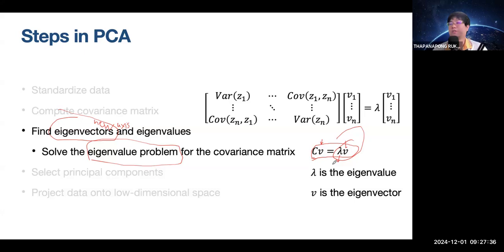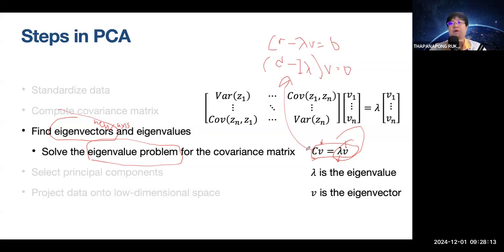I'm not going to go into detail on how to solve the eigenvalue problem, but if you were to do it by hand, maybe with a 2x2 matrix or 3x3 matrix, you can transform this equation into Cv minus lambda v equal to 0. And then you have C minus lambda I times v equal to 0.